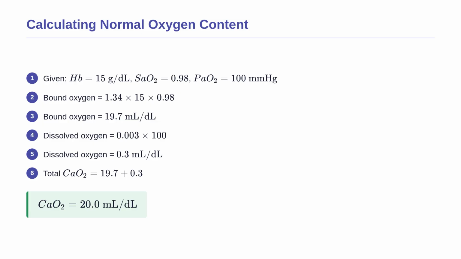First, we calculate the bound oxygen by multiplying 1.34 by 15 and then by 0.98, giving us 19.7 milliliters. Next, we find the dissolved oxygen by multiplying 0.003 by 100, which yields just 0.3 milliliters. Adding them together, we get a final answer of 20.0 milliliters of oxygen per deciliter. This proves mathematically that almost all oxygen is carried by hemoglobin.